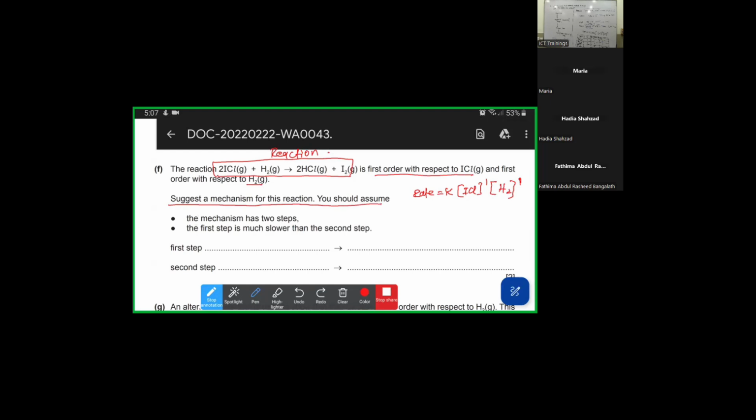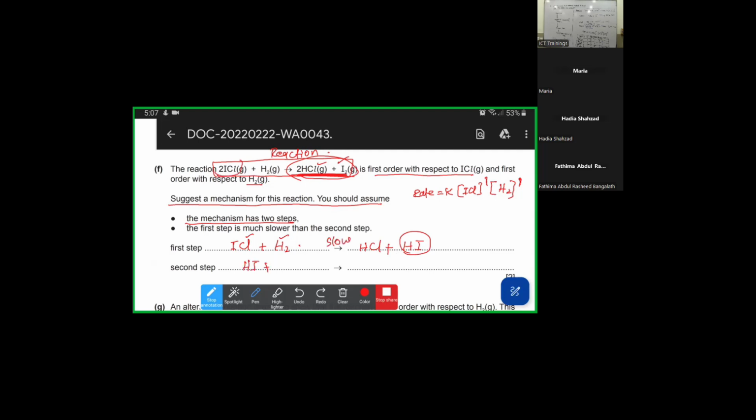The mechanism has 2 steps, so you should make the 2 steps. Here we have one mole of this one, so take 1 mole of ICl and 1 mole of H2. Now see the products up here. The product we got is HCl, and what is being left? The left thing is HI. If you look, HI is not present in the products in the main reaction. So this HI is the intermediate, use this one, this is the slow step. So use this HI in the next step.